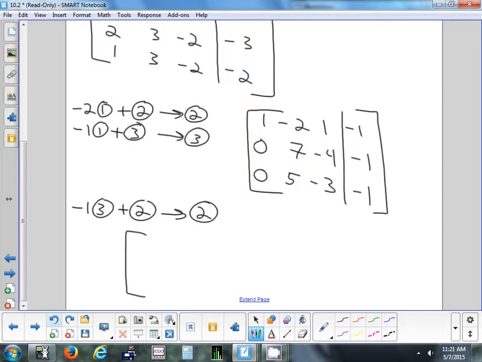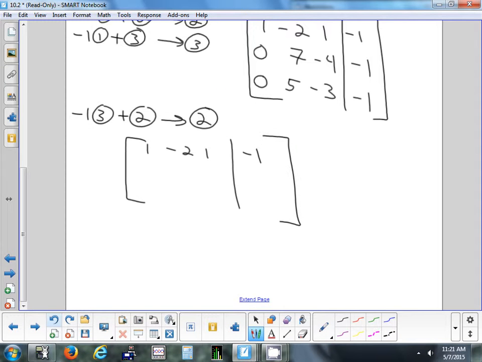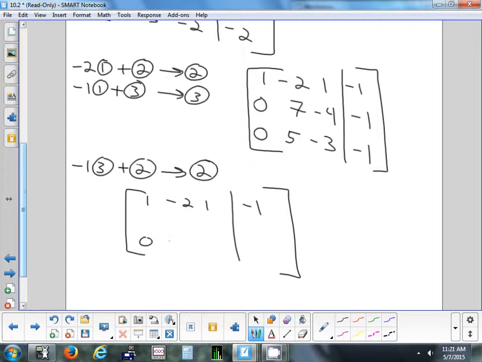So all we're going to do is replace row 2. Keep row 1. Keep row 3. Do -1 times everything and add it to row 2.